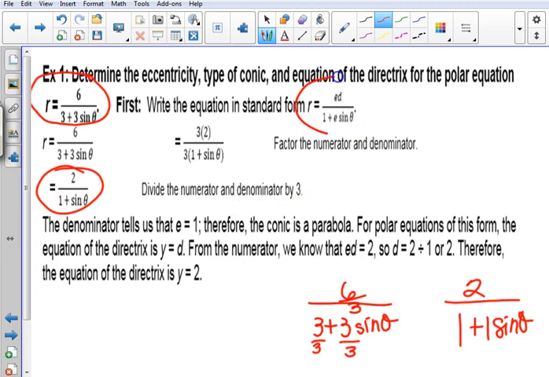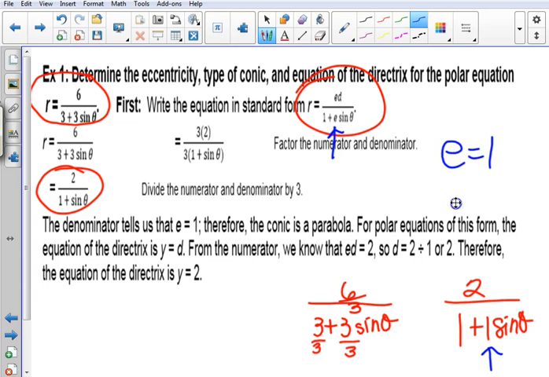If that equals this, what's E, first of all? E is all by itself as the number in front here, right? So whatever this number turns out, that's E. So if E is 1, it has to be what shape? If the eccentricity is 1, parabola.